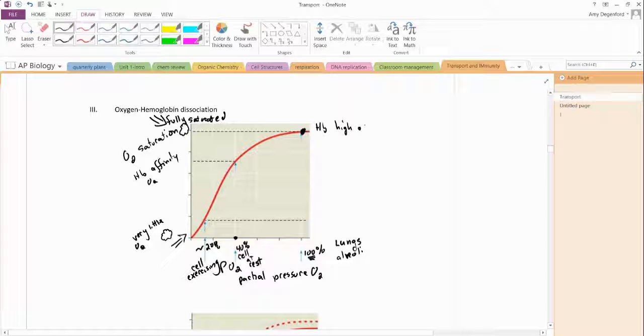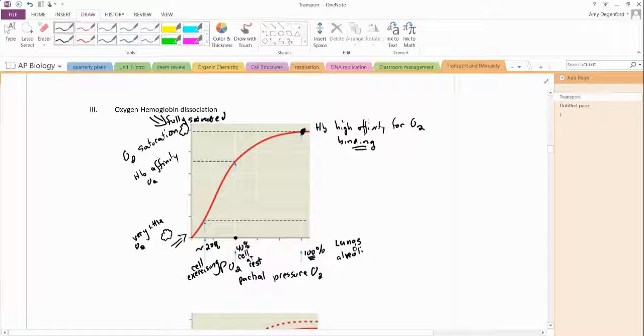And that's going to be really important. So hemoglobin has a high affinity for oxygen. The way to think about that would then be that it grabs oxygen very well. It has a very good binding for oxygen.